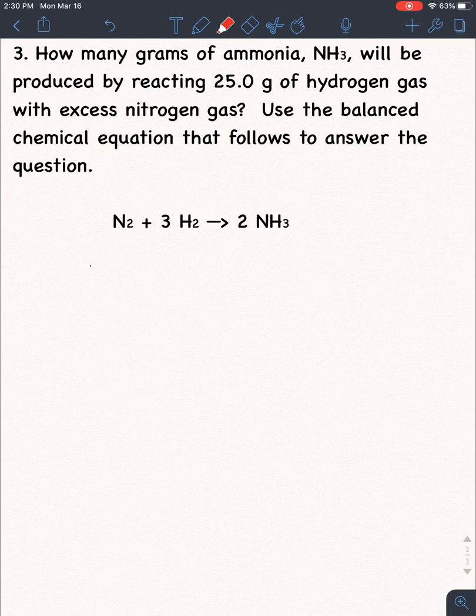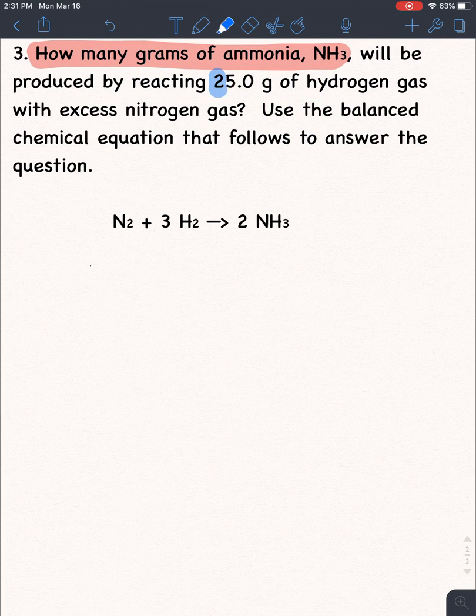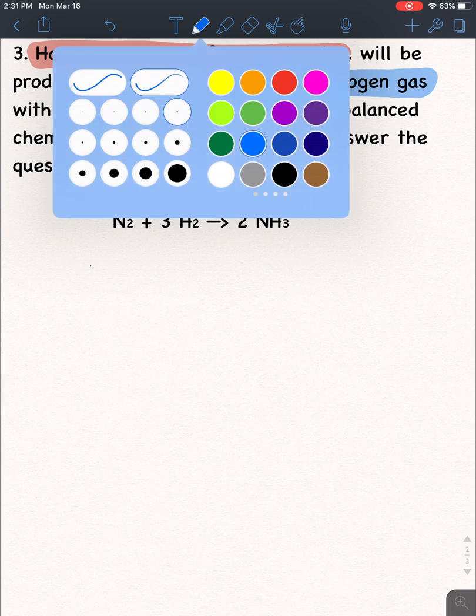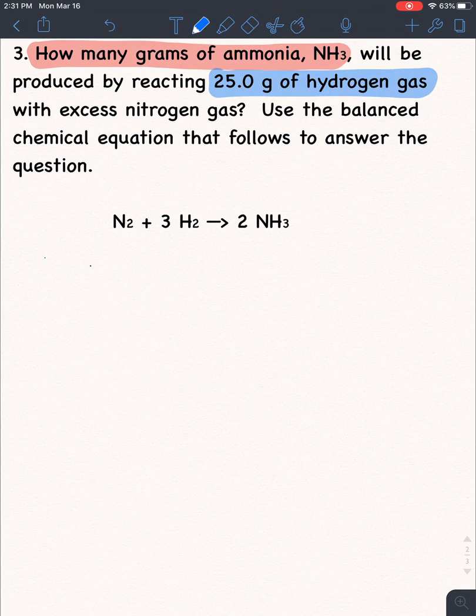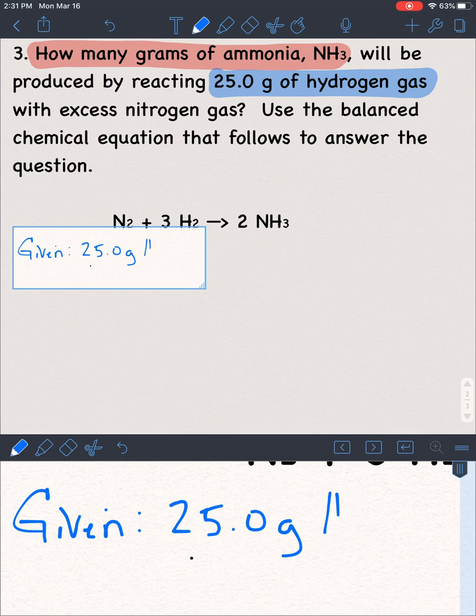So, looking at the question, what we need to find is how many grams of ammonia, and what is given to us is 25 grams of hydrogen gas, and of course the balanced chemical reaction itself. I'm going to be very formal about this, and say that given to us, in addition to the balanced chemical reaction, but I'm going to be a little bit lazy and not rewrite that whole thing, is 25 grams of hydrogen gas.